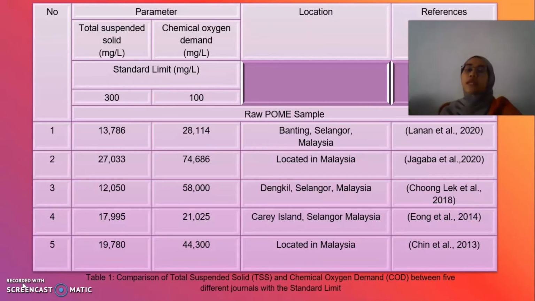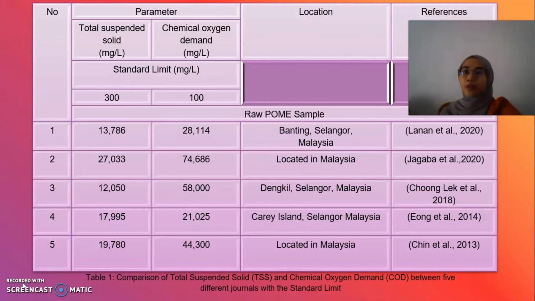19,780. What we can see from here is that the highest value of total suspended solids among these journals, places and samples is from the sample obtained at certain places in Malaysia, in the journal by Jagaba. The value is 27,033.